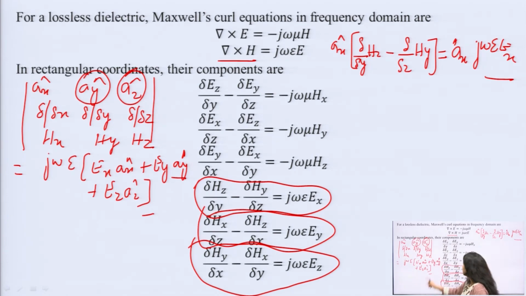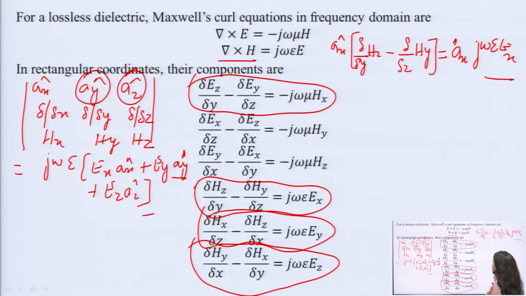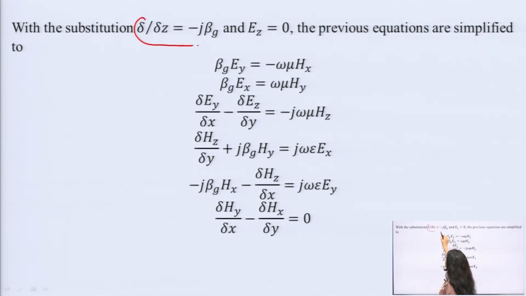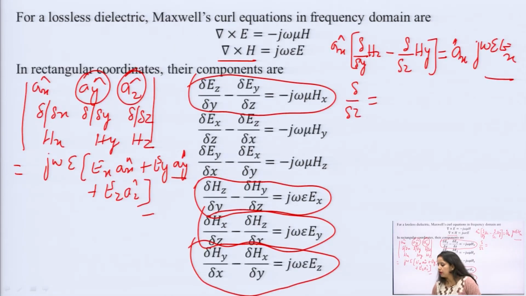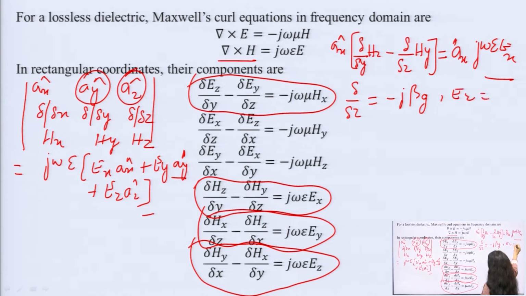So, just take the first component, the first expression. If you substitute del upon del z by minus j beta g and Ez equal to 0, what are you getting? The first term will be equal to 0 minus, at the place of del upon del z, you can substitute minus j beta g.